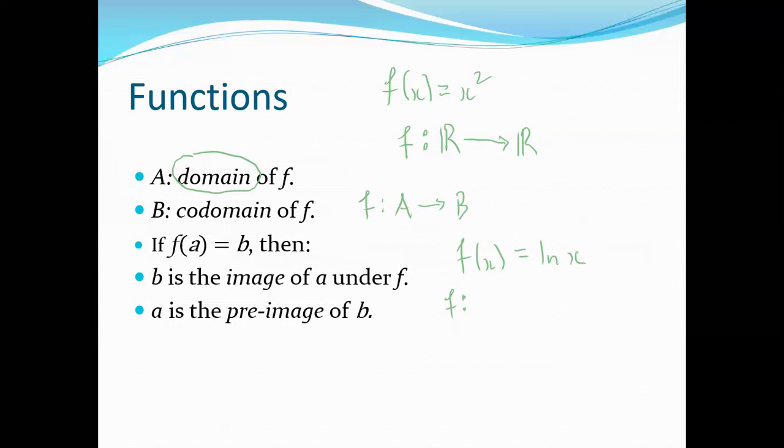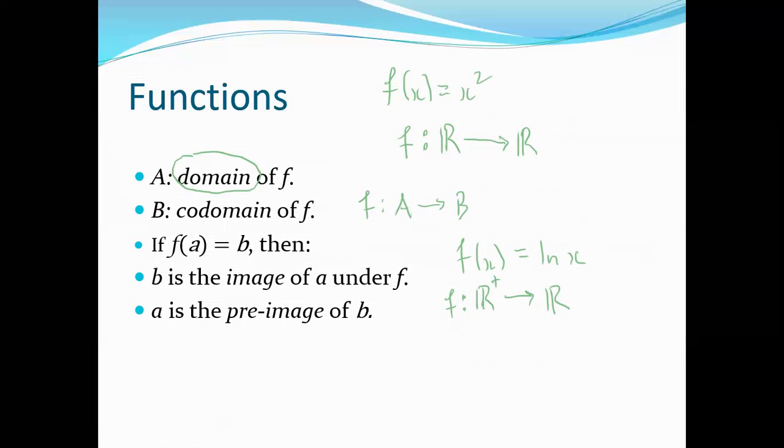Would I be permitted to put all real numbers as the domain? No. What would be the domain in this case? Strictly positive numbers, yes? I could write that as R plus. So f would go from R plus to the real numbers, in this particular case.